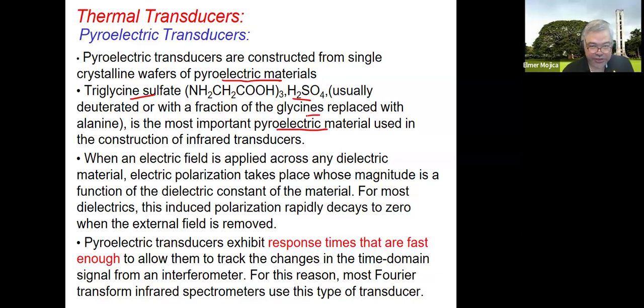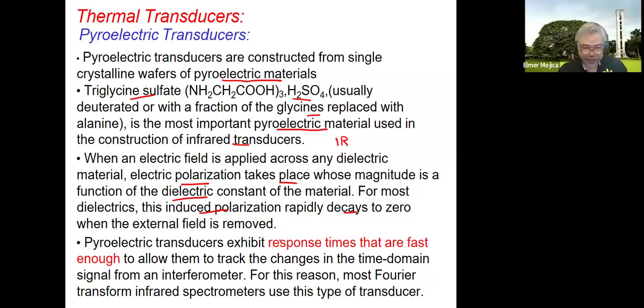So they use it in the construction of, again, IR transducers. When an electric field is applied to any dielectric material, usually electric polarization takes place and the magnitude is a function of the dielectric constant of the material. So for most dielectrics, you want this induced polarization to decay rapidly to zero when the external field is removed.